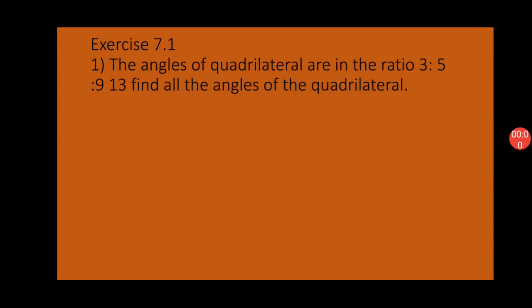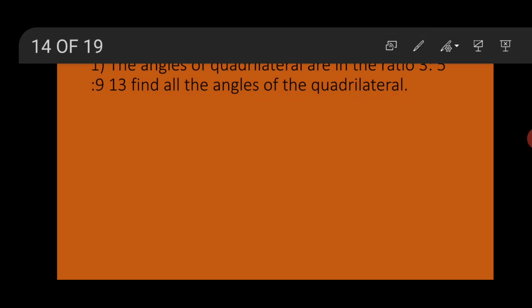Right? Now let us solve exercise 7.1, problem number 1. The angles of a quadrilateral are in the ratio 3:5:9:13. Find all the angles of the quadrilateral. Say this is given a quadrilateral whose angles are given in the ratio 3:5:9:13.